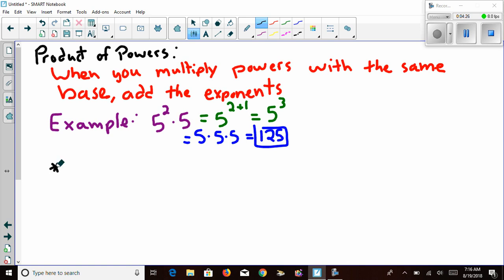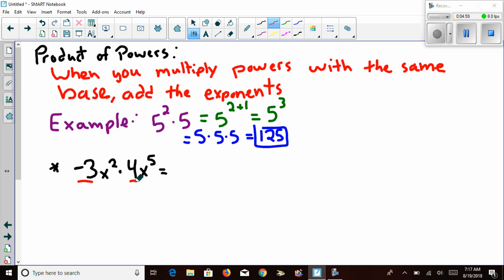Put it over here. It's going to say -3x squared times 4x to the 5th. So let's take a look. We're multiplying this together. And in the front, I have 2 coefficients.